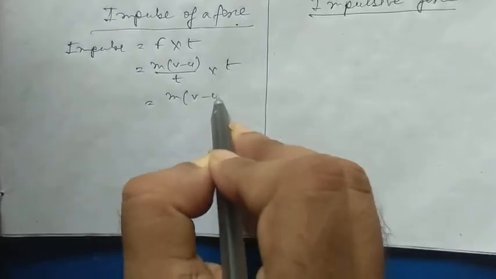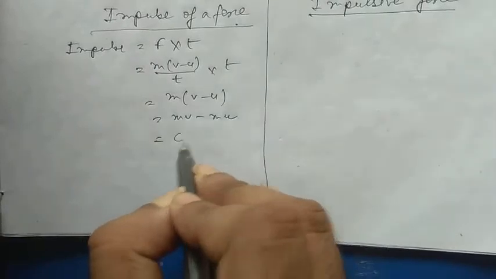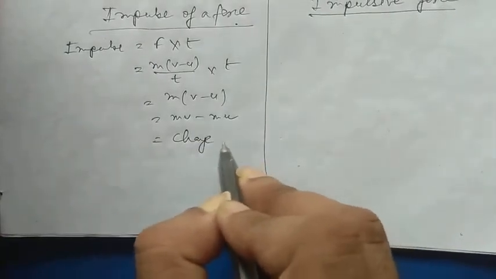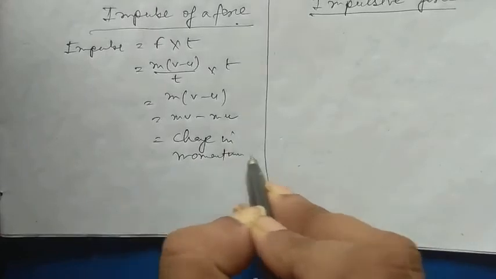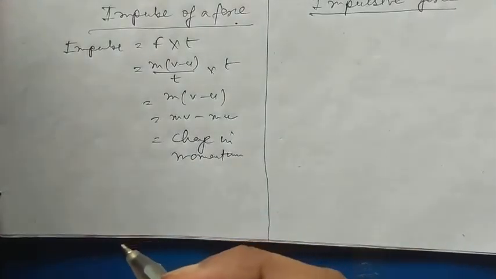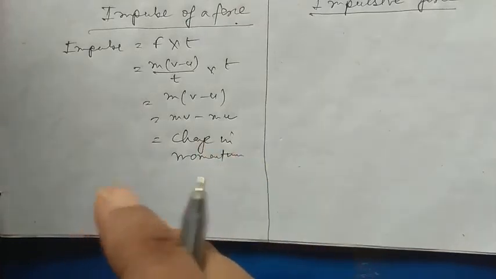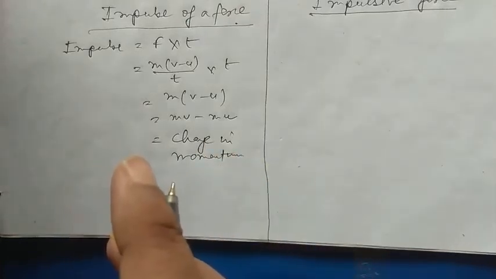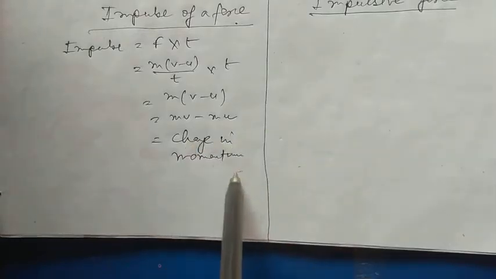So m into (v minus u), that means mv minus mu, or rather you can state it as the change in momentum. So whenever we are asked to calculate the impulse of a force, we can do it in two ways. One is the product of the force and the time it takes to change, and the other form is to find out the change in momentum, mv minus mu.